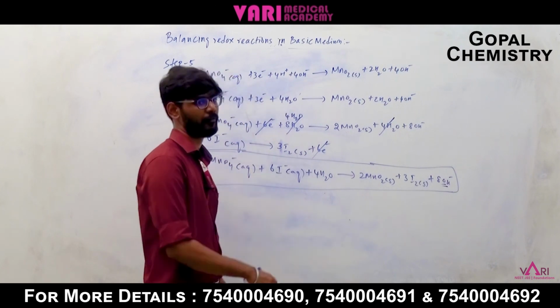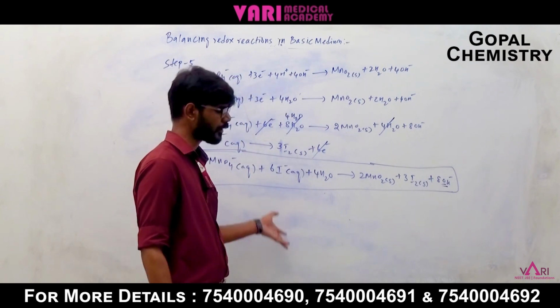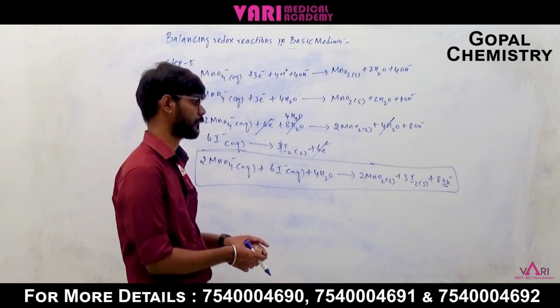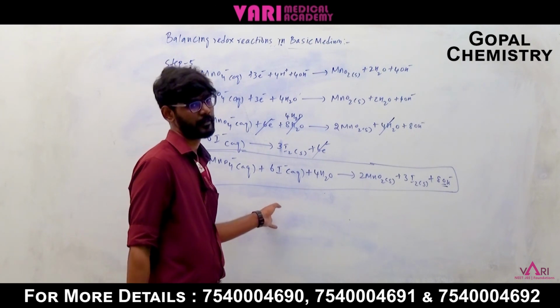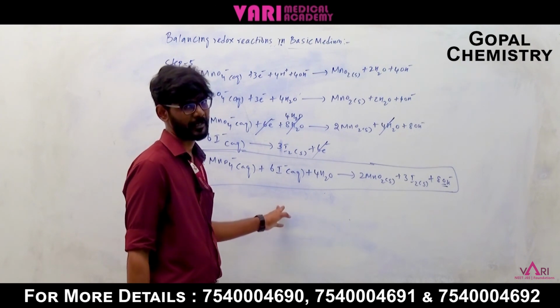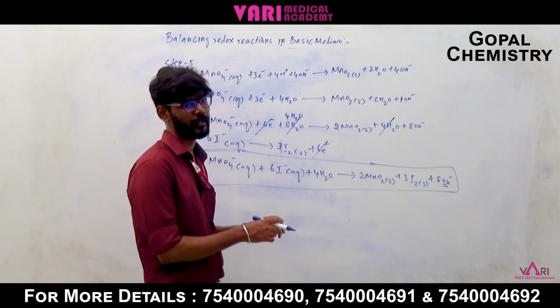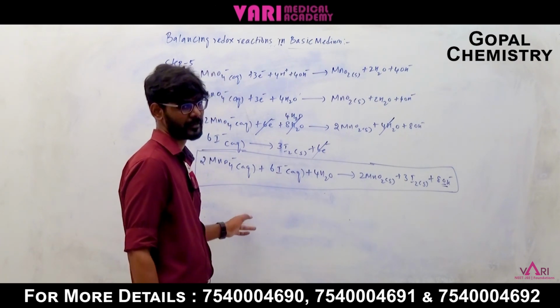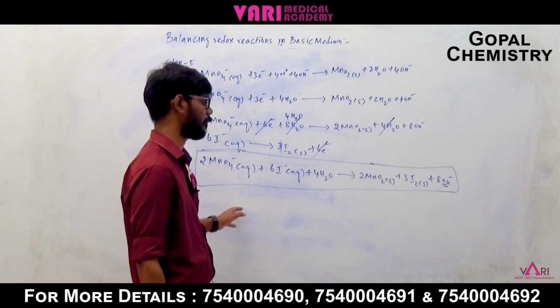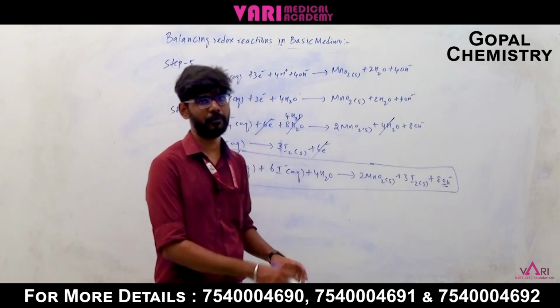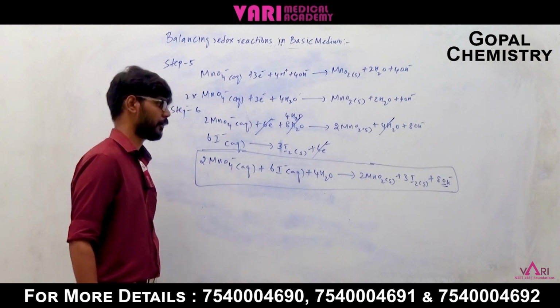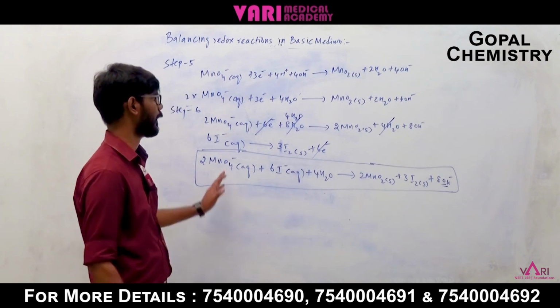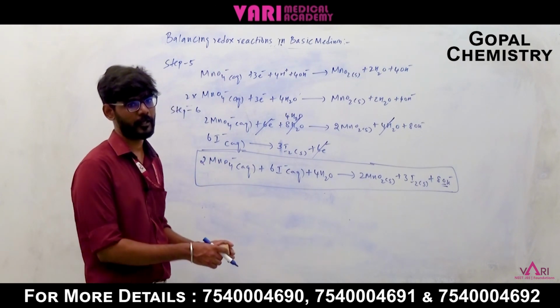In acidic medium there will be H plus ions. If the resultant equation contains H plus ions, then the reaction is occurring in acidic medium. When the resultant reaction has OH minus, that reaction is happening in basic medium.